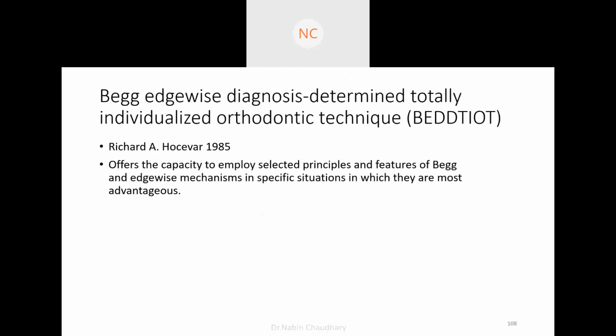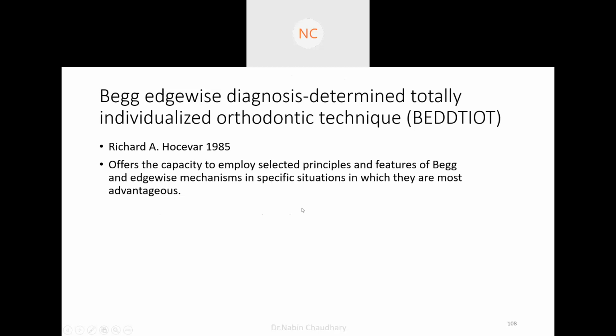So there is another combination bracket that was given by Richard A. Hocevar in 1985, and this is called the BEDIET bracket, and the full form is Begg Edgewise Diagnosis Determined Total Individualized orthodontic treatment. This combination bracket has both slots.